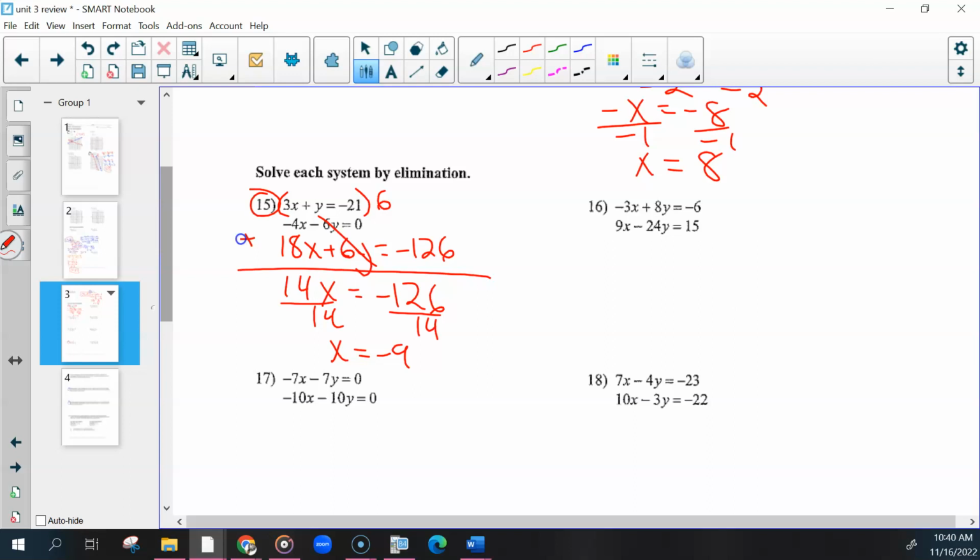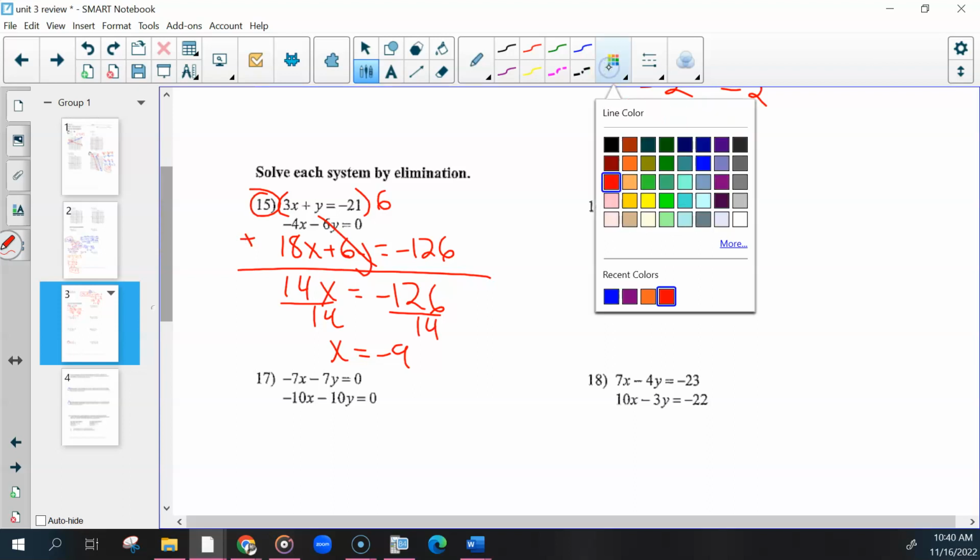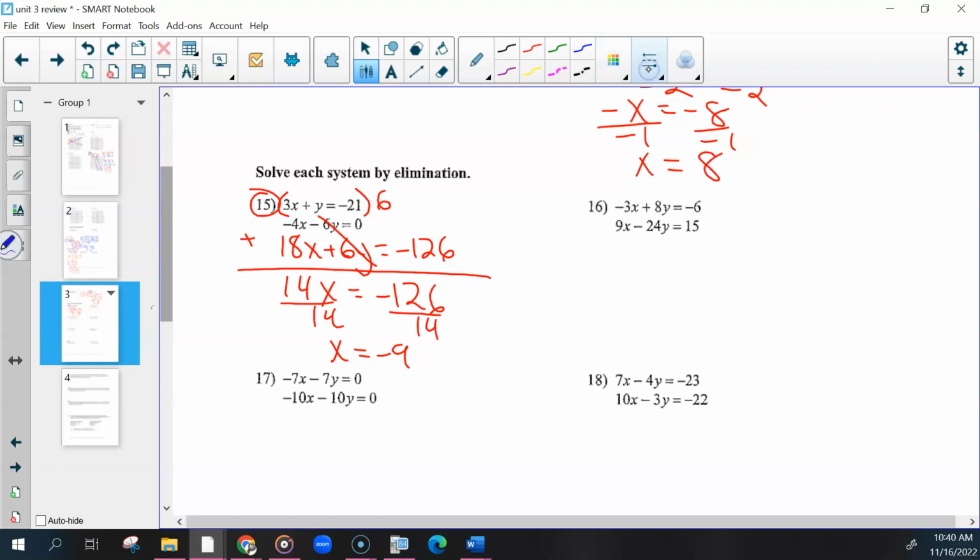Once you get that x, go back and put it in for one of your y's. Doesn't matter which one. So let's say we do the first one. And we would be solving for y.